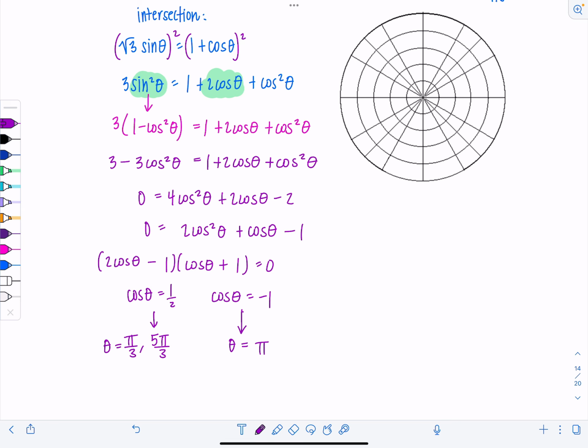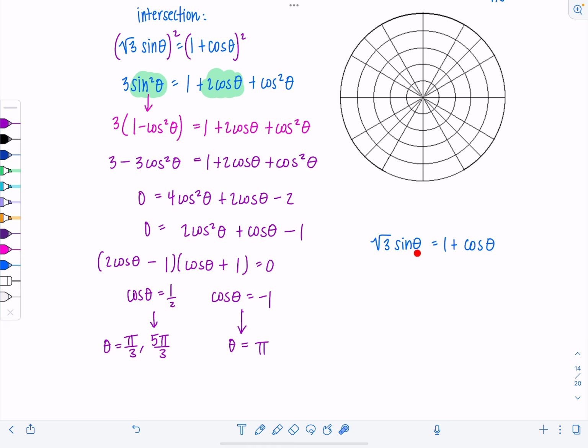Now, one thing you do need to be careful about when you square both sides of an equation, sometimes you pick up extraneous solutions that don't work in the original. So the original, before we tampered with things and squared both sides, was this guy, right? And you should check that all of them still work in there. We might have something extra that we have to throw away. So I'm just going to mentally check. So pi over 3.